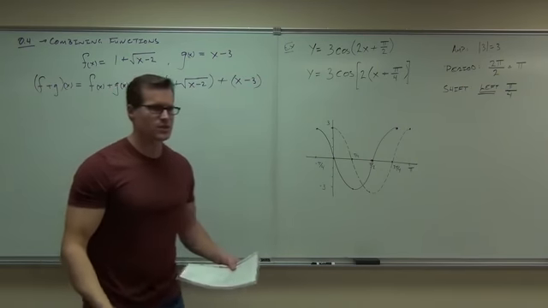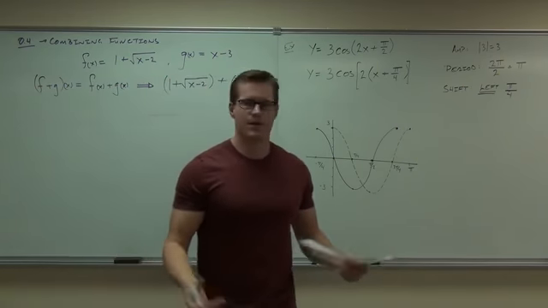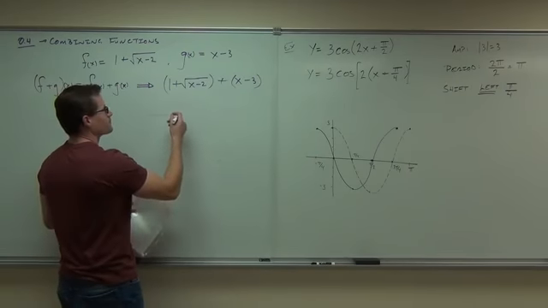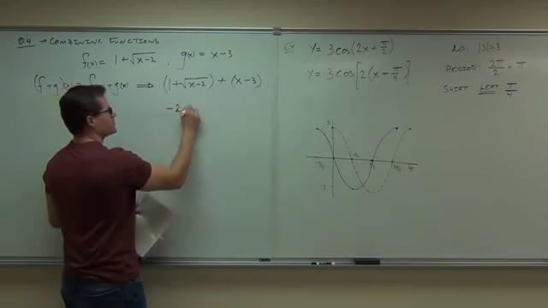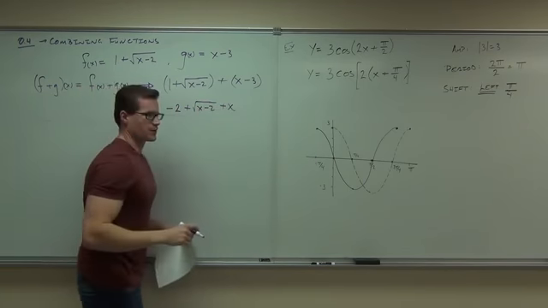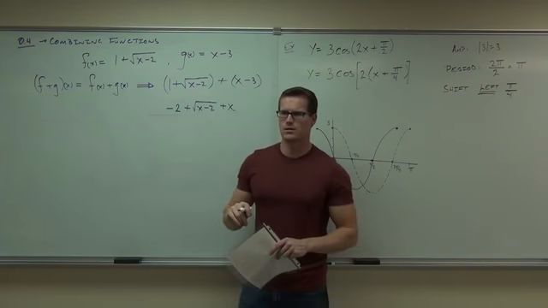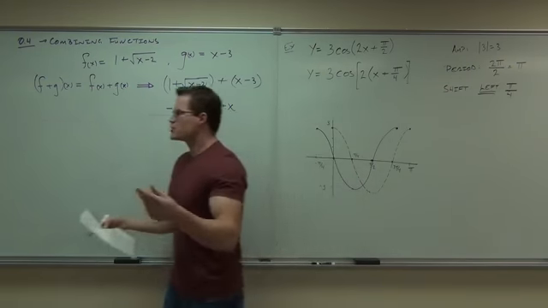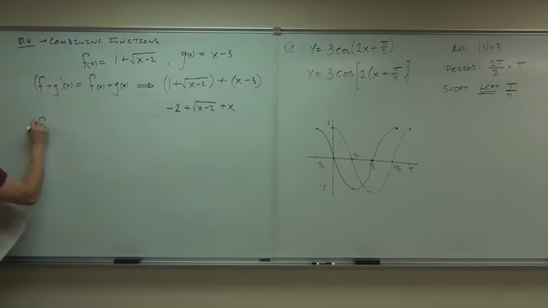You'd get rid of your parentheses by distributing if you had to, and then combine some like terms. In our case, we should be getting negative 2 plus square root of x minus 2 plus x. Can you verify that that's the right answer? Yeah? Yes, no? Okay.